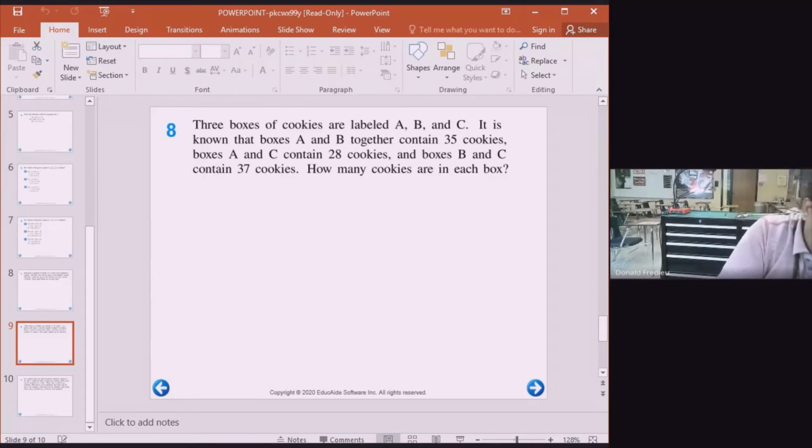So if we draw a 3 by 3 matrix, we're going to get this: 1, 1, and 0, 1, 0, and 1, and 0, 1, and 1. The Y matrix is 35, 28, 37.